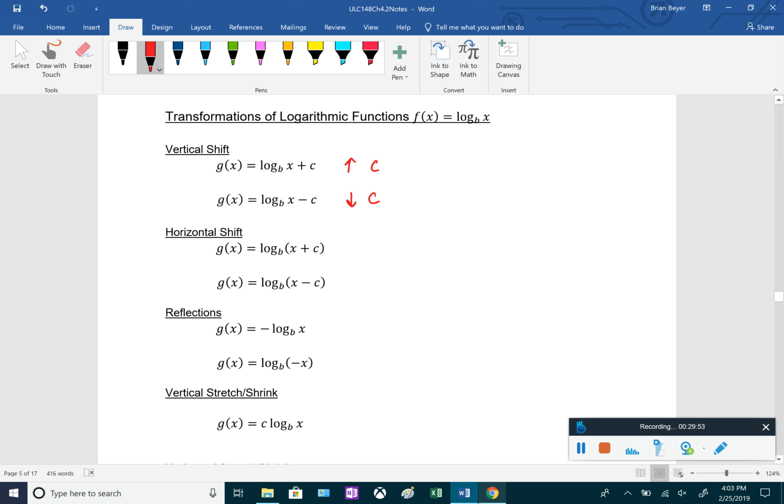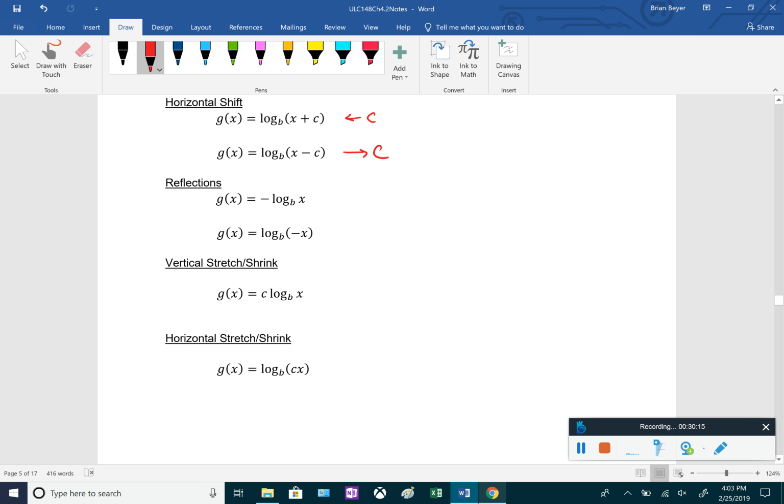For the horizontal shift, if it's log base b of x plus c or x minus c in those parentheses, so the plus or minus c is attached to the x, plus c means it's to the left. Remember, that's the opposite of what you would think. To the left c units, minus c is to the right c units.